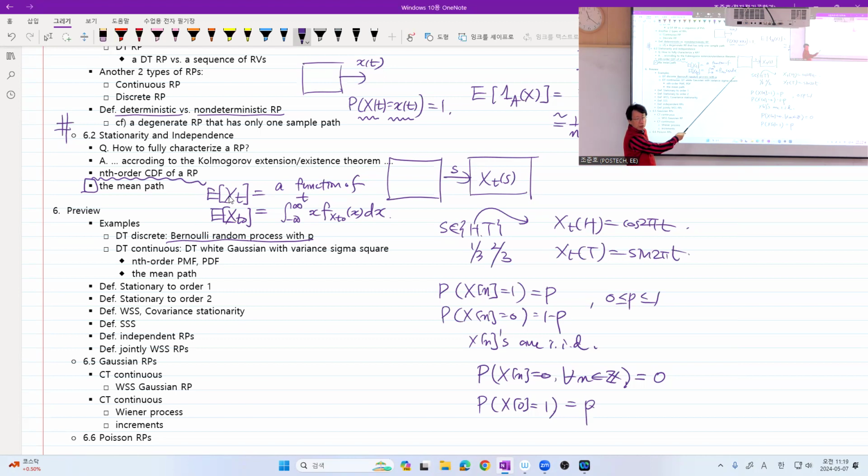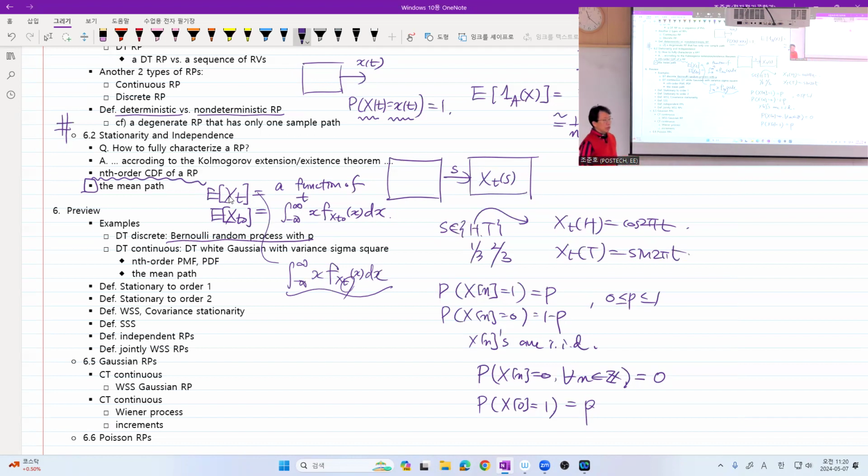Got it? Now we drop subscript 0 here, then we have a function of t, right? So this is simply the integration of x times the density of X(t) at x, which is a function of t. So we have a function of t that is now called the mean path, or mean function, or the ensemble average of the random process.